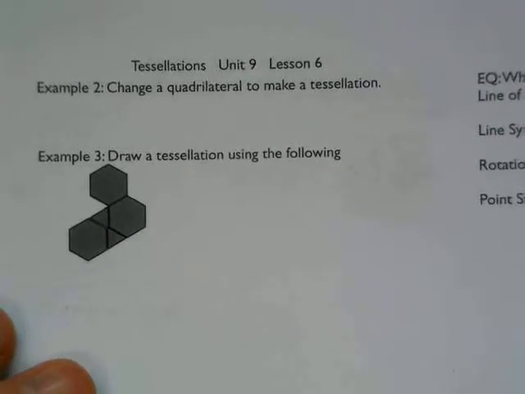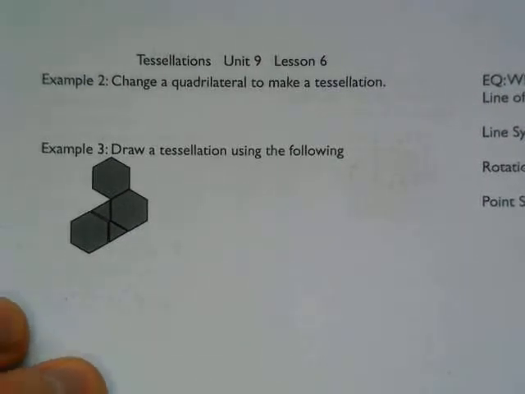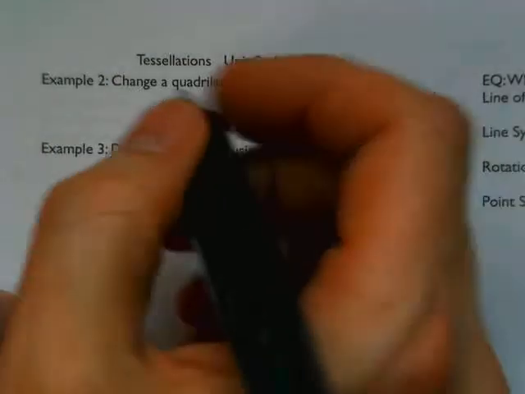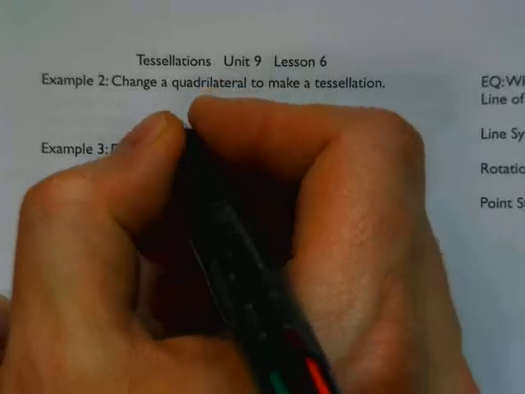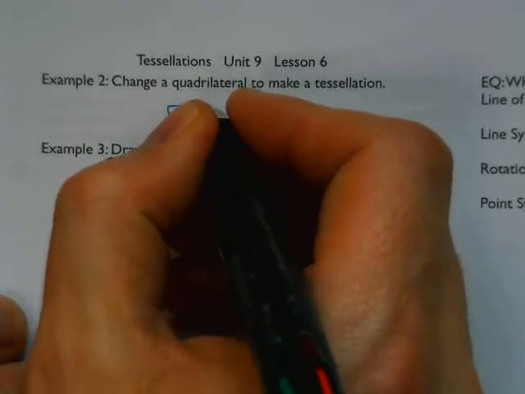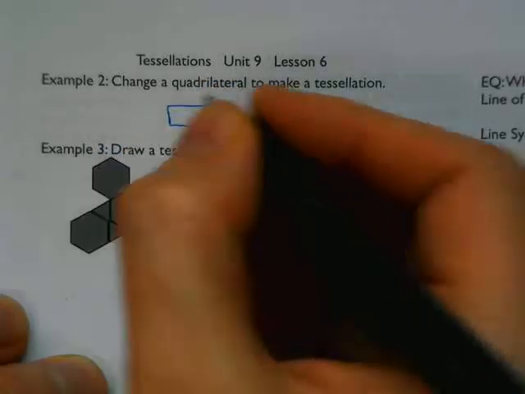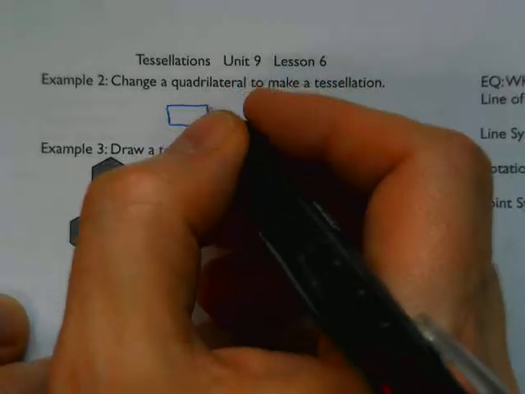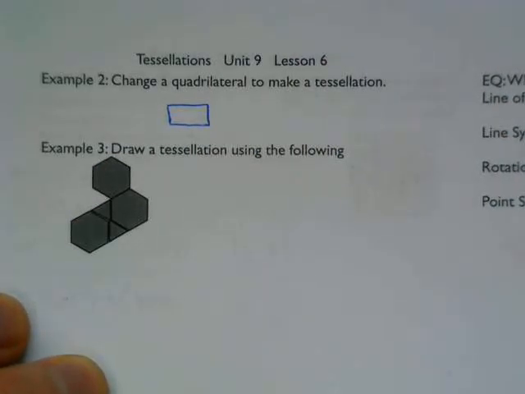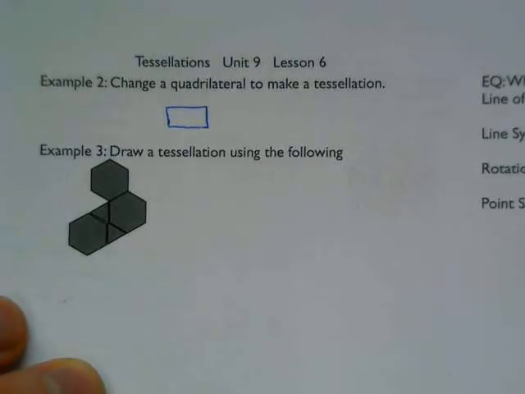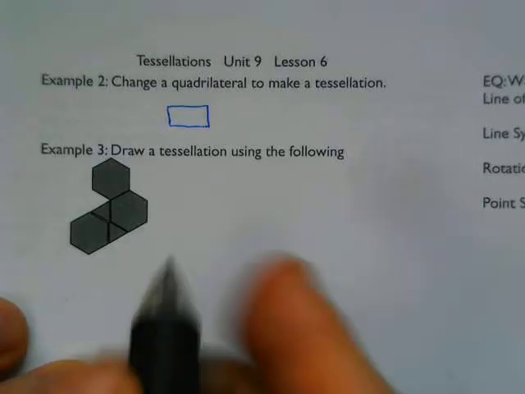Example 2, change a quadrilateral to make a tessellation. So this is kind of what your project is going to be about. Your problem solving also uses this today. So here's what you're going to do. You're going to make a quadrilateral, or whatever they tell you to make. And to make it kind of a cool quadrilateral, if you just Google image tessellations or like M.C. Escher tessellations, you find all sorts of cool things like that.